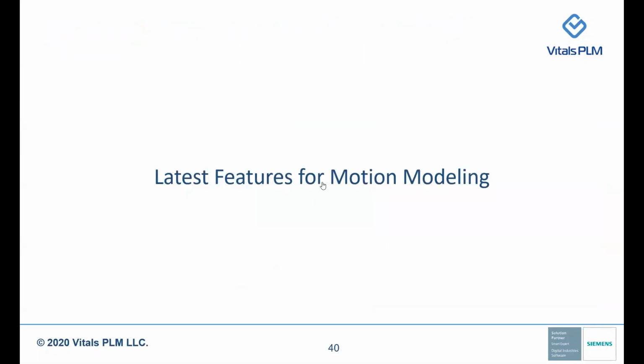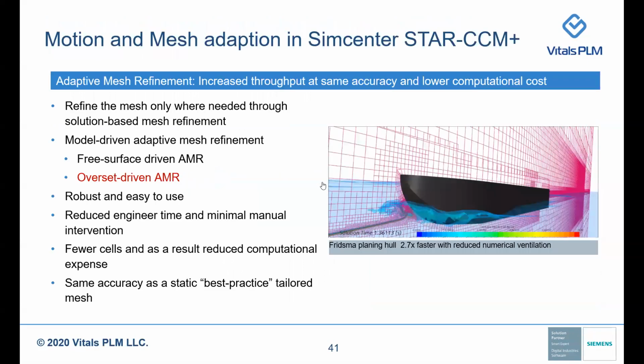This is the final topic of the session. The latest feature for motion modeling implemented in recent times in STAR-CCM+, starting this year, 2020, in the latest release of STAR-CCM+, is the adaptive mesh refinement, and it's implemented as a model-driven method.